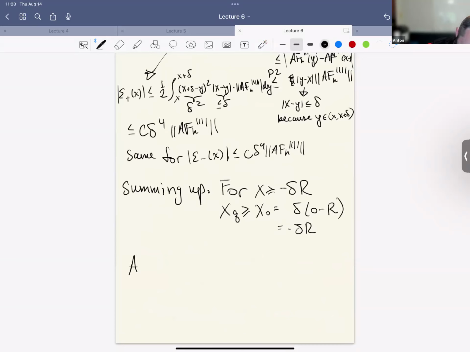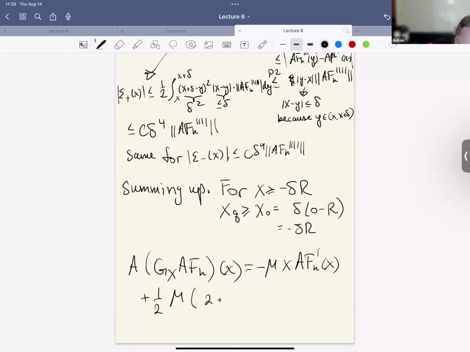Okay. We have A applied to g sub x equals negative mu x times A f sub h prime plus 1/2 mu 2 plus delta x. But because we're in this part of the state space, it actually is equivalent to 1 plus delta x maximum 0. Okay, you can convince yourself that's true.